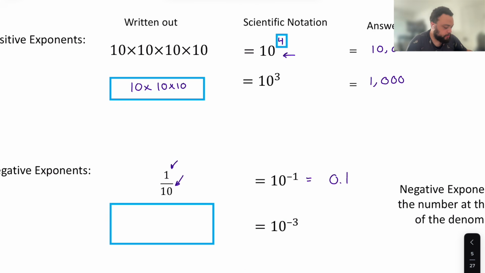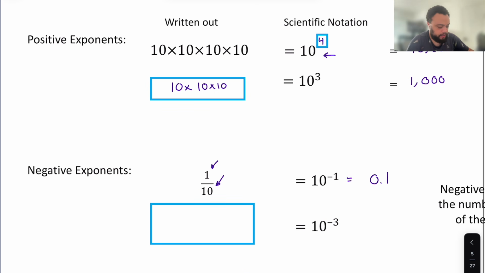Okay, cool, let's try it out. We have 10 to the negative third power. There are a few different ways of writing this. The first way is 1 divided by whatever we would write up top.